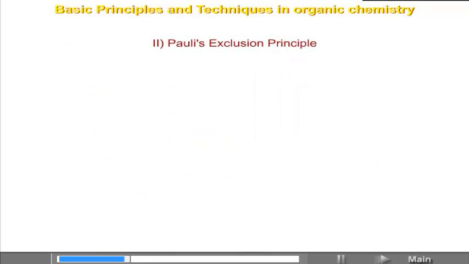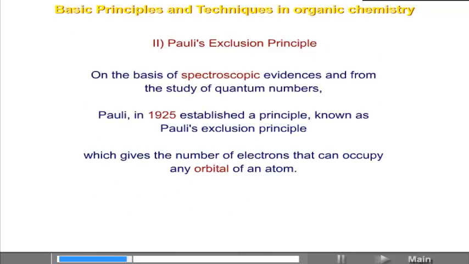Second one, Pauli's exclusion principle. On the basis of spectroscopic evidence and from the study of quantum numbers, Pauli in 1925 established a principle known as Pauli's exclusion principle, which gives the number of electrons that can occupy any orbital.